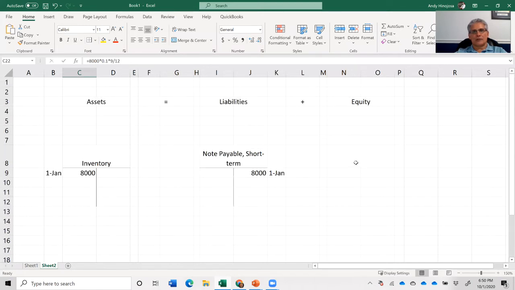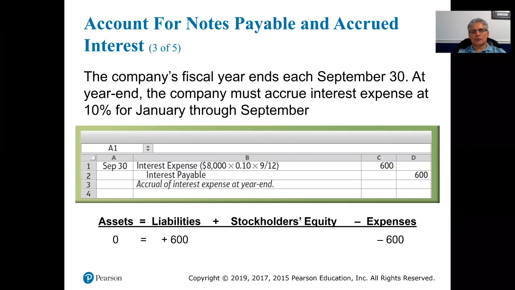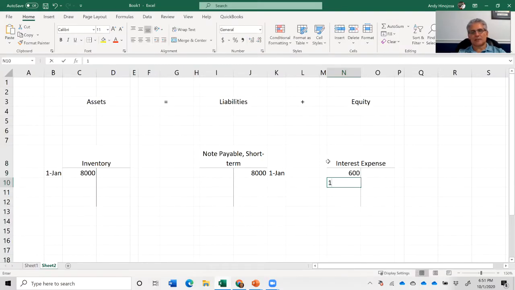Now, to see where this goes, we'll put $600 towards interest expense. That is a debit. That's a reduction of equity. And by the way, this is as of 9/30, right?